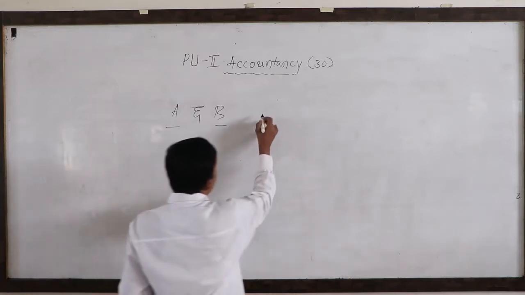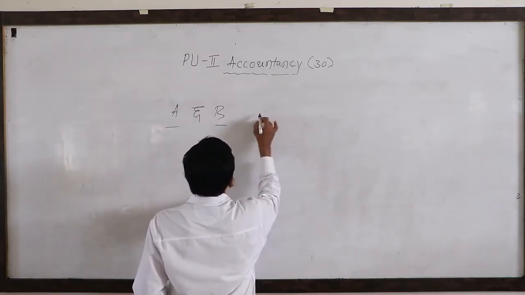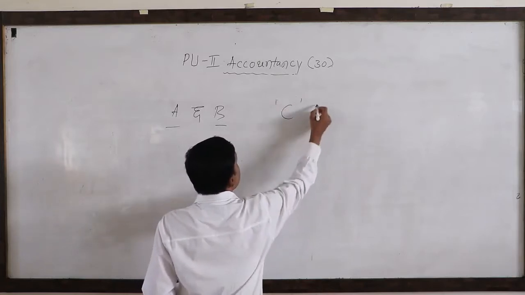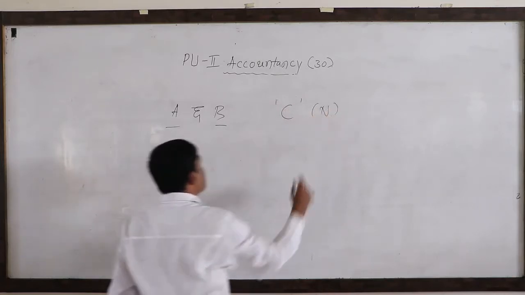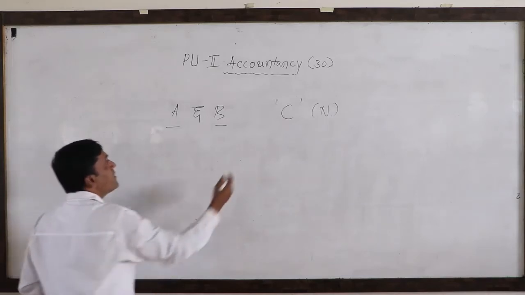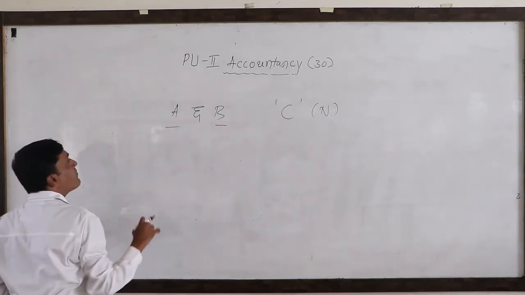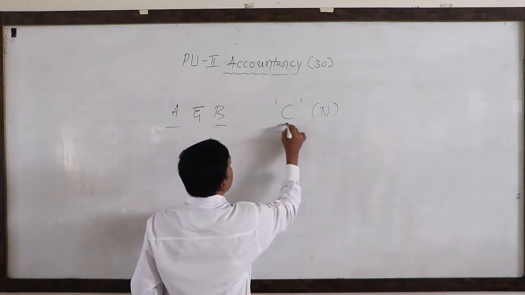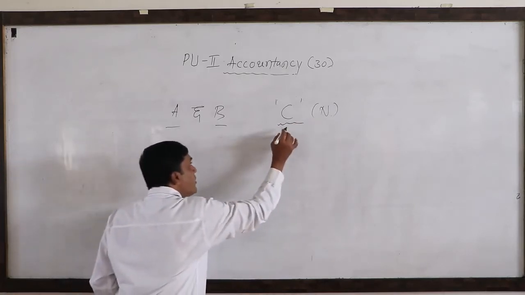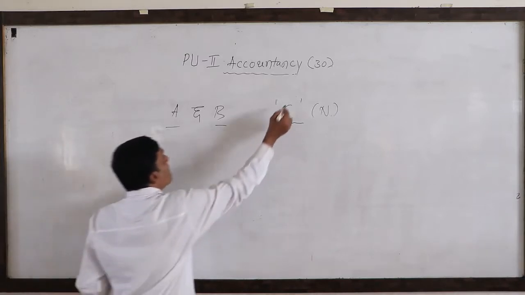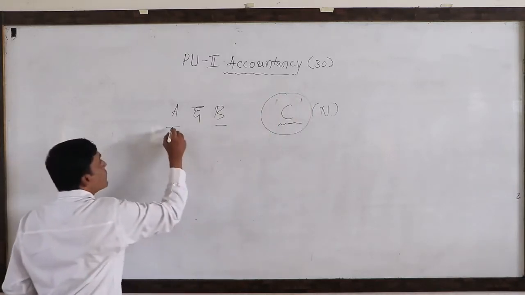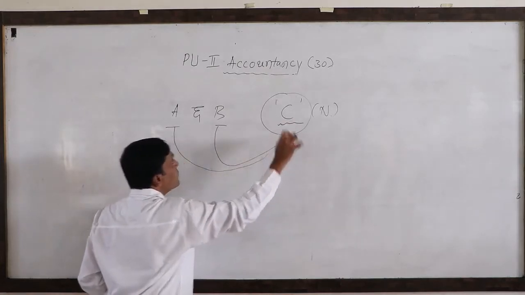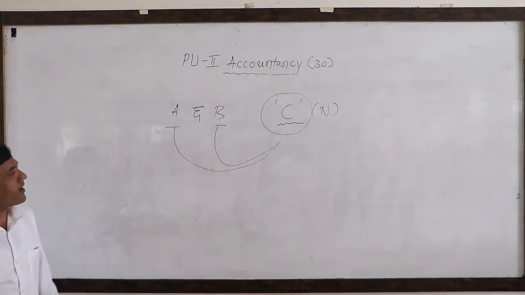They are going to admit one more partner called C. He is the new partner. So he is coming into the firm as a new partner, and that is the reason we can call him an incoming partner, or new partner. After admitting this partner, these old partners sacrifice their old ratio towards the new partner.